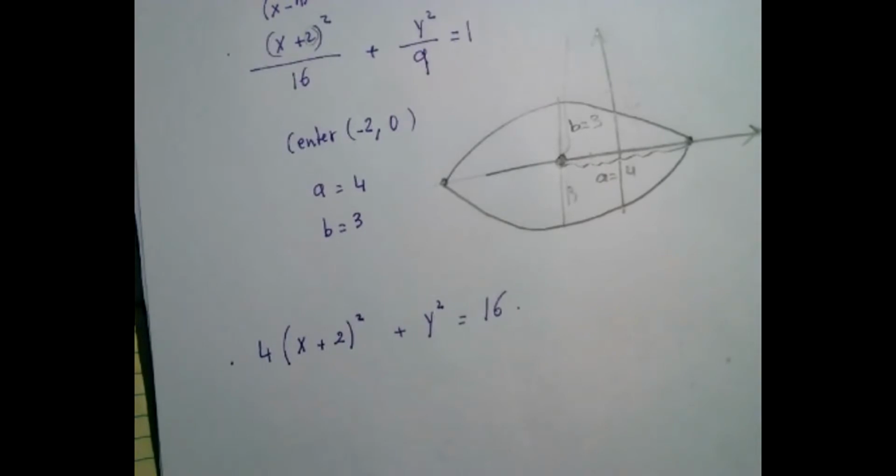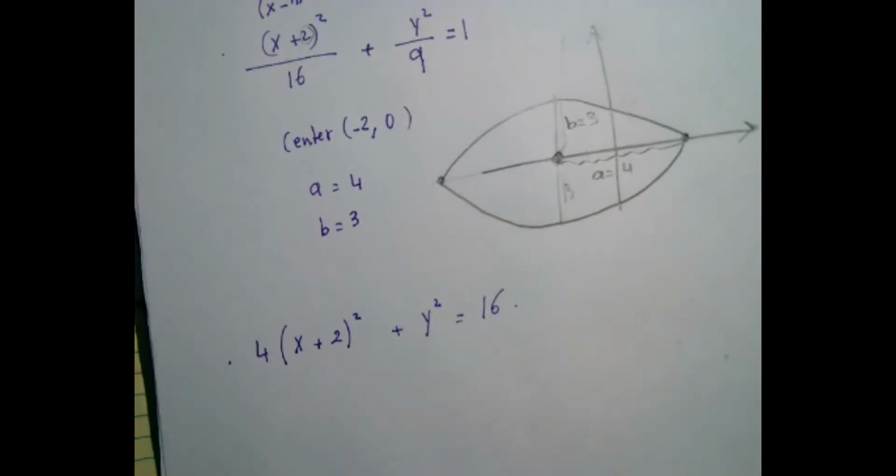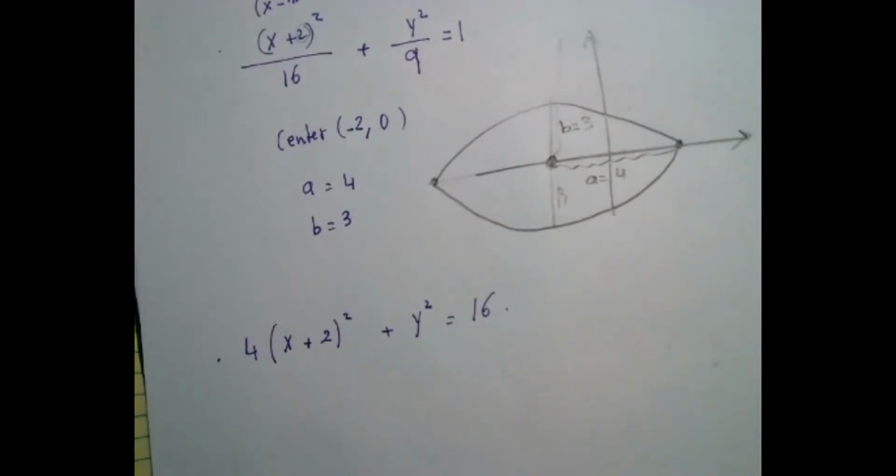My last question is this. I want the center and everything. Now remember, this is not in standard format. So you have to start putting it in standard format first, and then we go back and identify everything. So how can I put it in standard format?